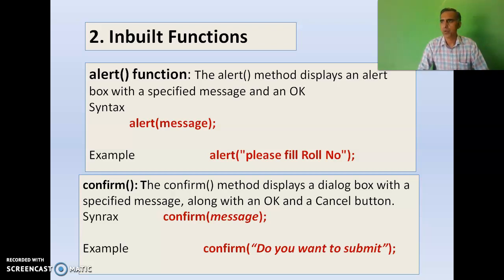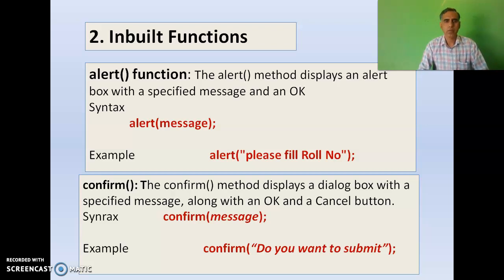Basically, this function is used to alert the user about a particular action. For example, if user leaves the input box blank, then the user is alerted about the action.